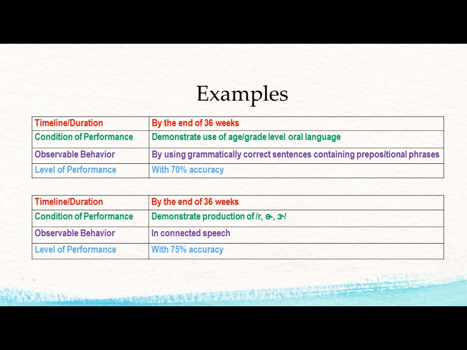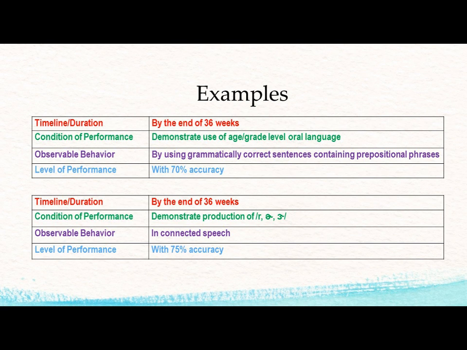Another example for speech sound production. By the end of 36 weeks, the student will demonstrate production of R in all contexts in connected speech with 75% accuracy. Let's look at a couple more examples.